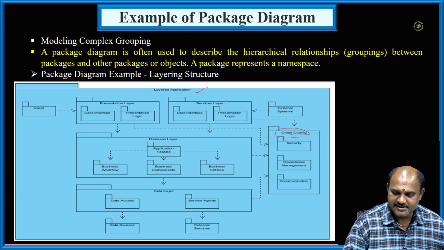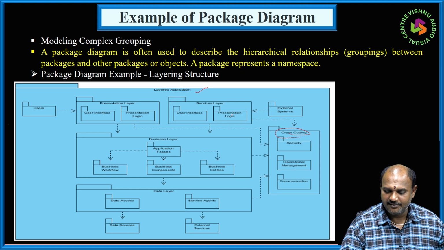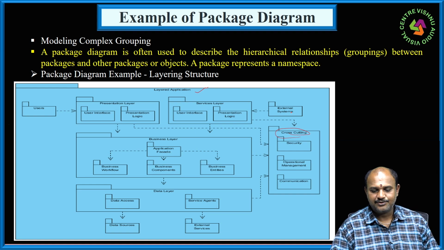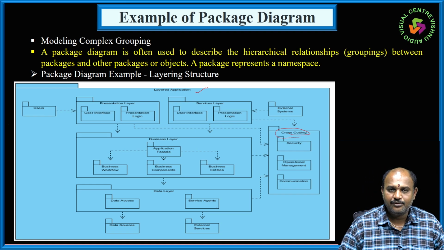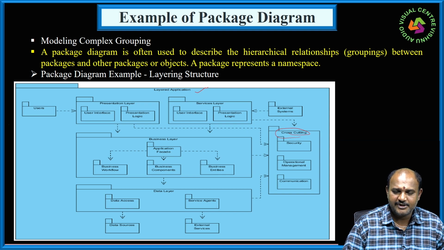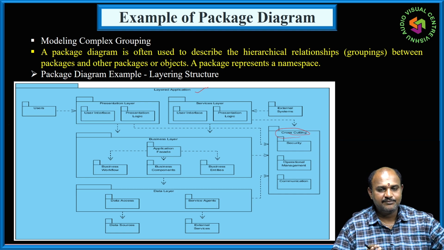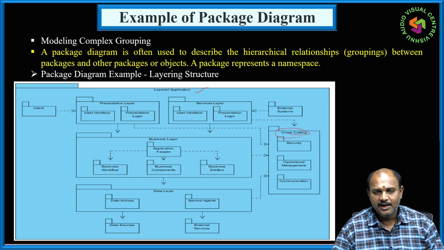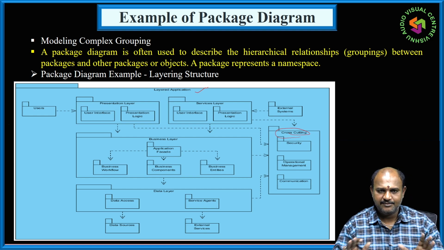Similarly, the service layer to the cross-cutting layer we have some dependency, and the external system has a dependency with the service layer. This is a diagram, a way of representing packages, with some packages included in between. So this is a way of representing packages and some relations.